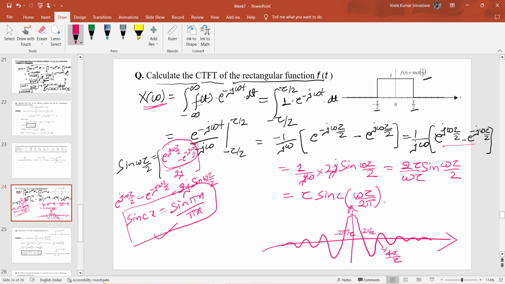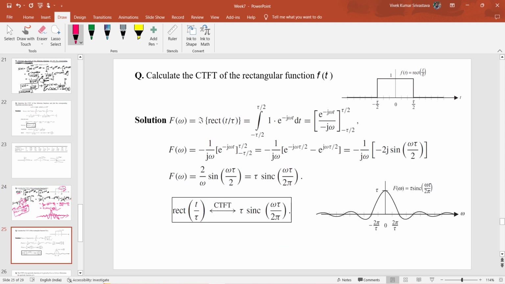So if you apply a rectangular signal in the time domain, you will get a sinc type of signal in the frequency domain. That is how you can analyze in both time domain as well as frequency domain. I hope this problem is clear to you.